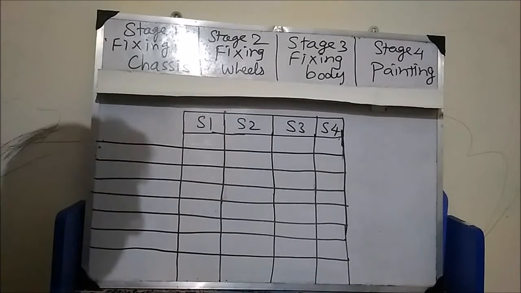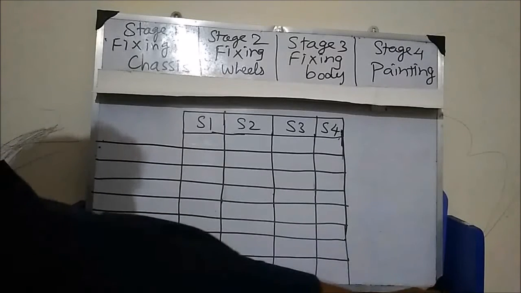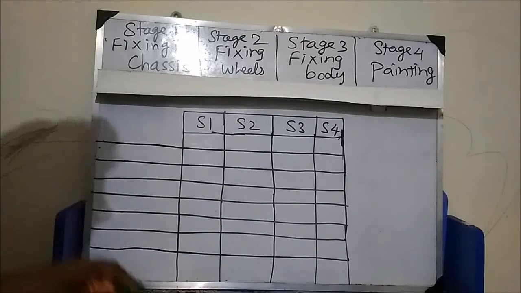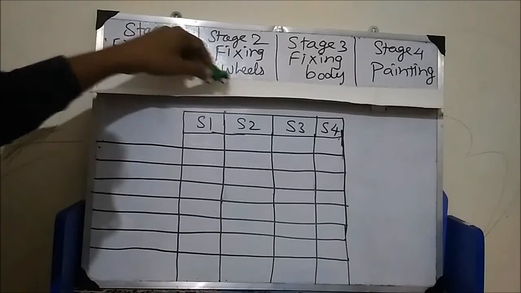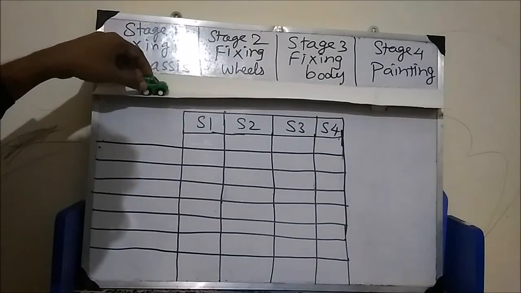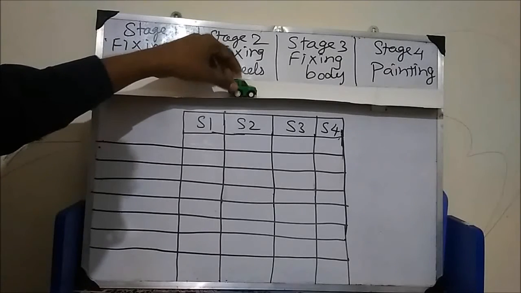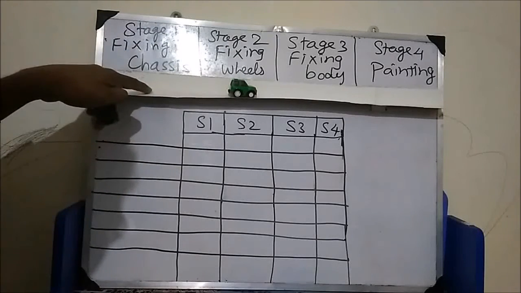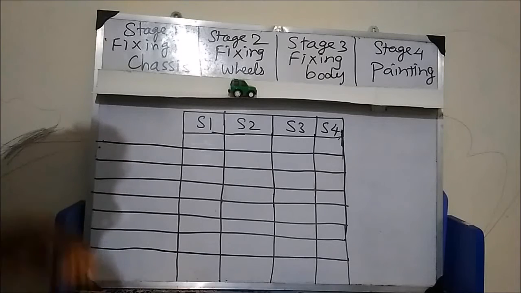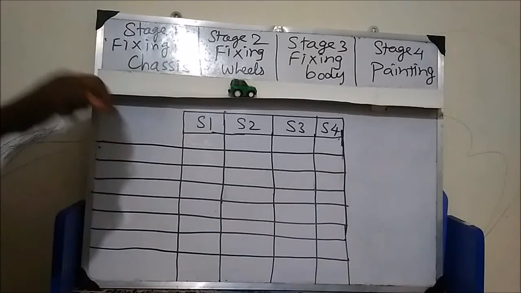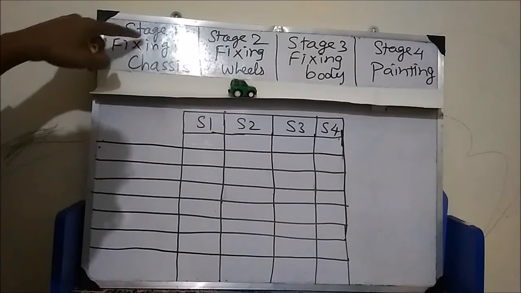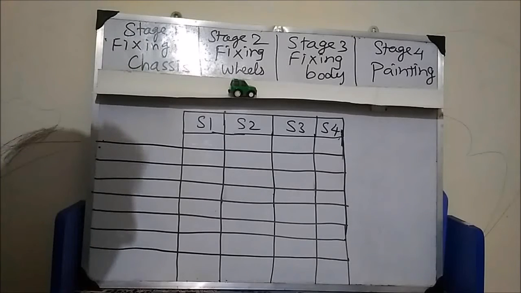So if you do like this, for example, when the first car moves from stage 1 to stage 2, what happens to this stage? This stage is free. So the equipment used in this stage remains idle.